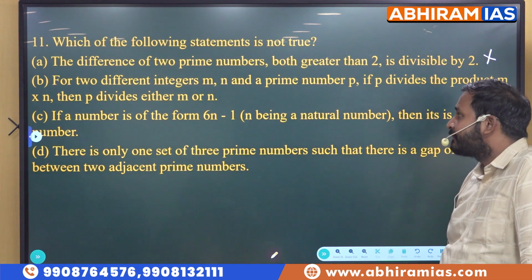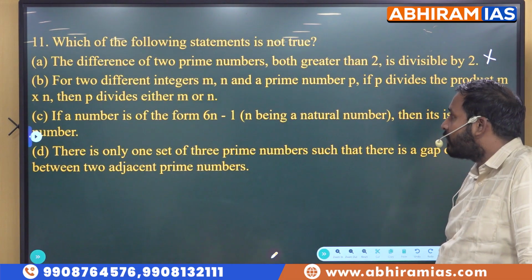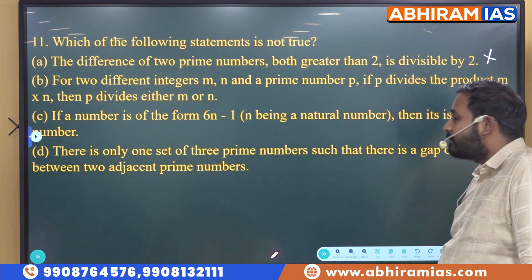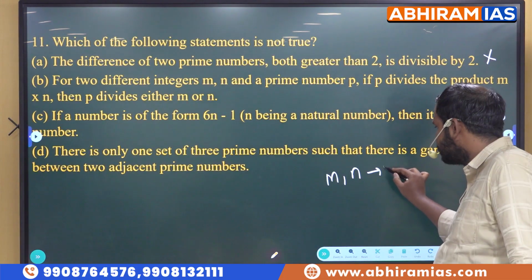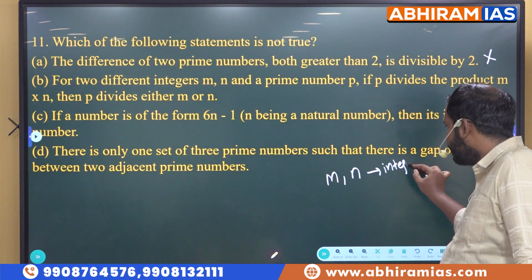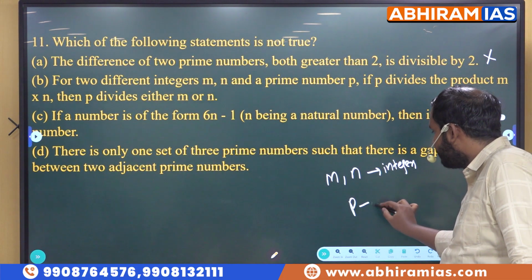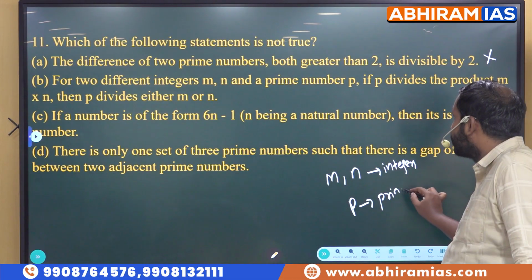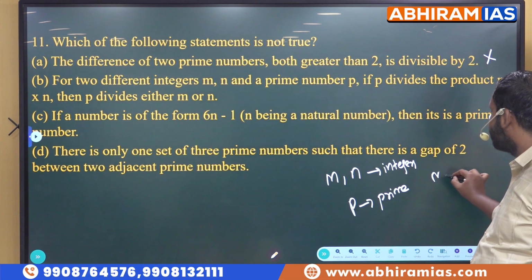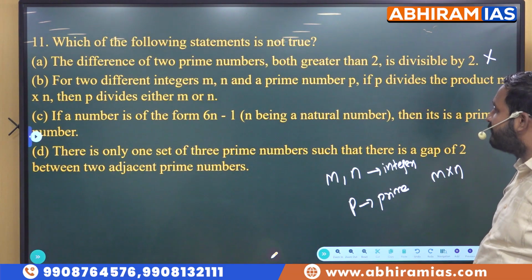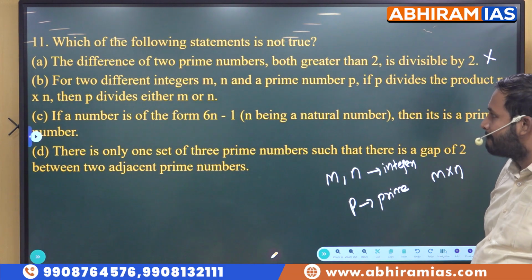See the next one. For two different integers m, n and a prime number p. M, n are integers and p is a prime. If p divides the product m into n, then p divides either m or n.